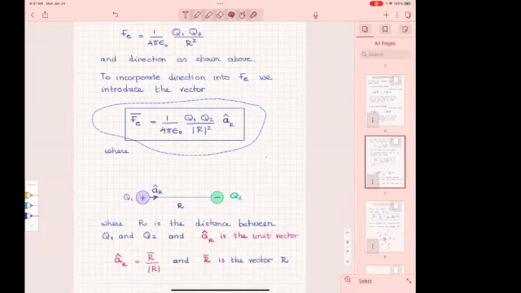We connect one charge to the other, and that distance we consider it to be a vector, because it's not just the length of the distance or the distance between the two charges, but also to that we assign the direction of the electric field. So if our original source is Q1 and the other is a charge that found itself in the vicinity of Q1, then we assign a unit vector to this distance, which I call R. So I use all of the same symbols with the book, all right?